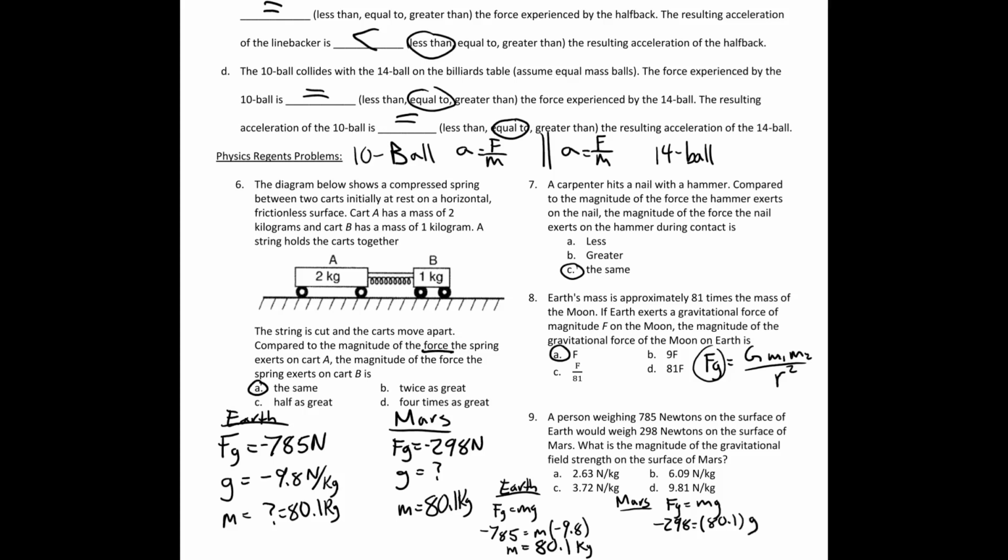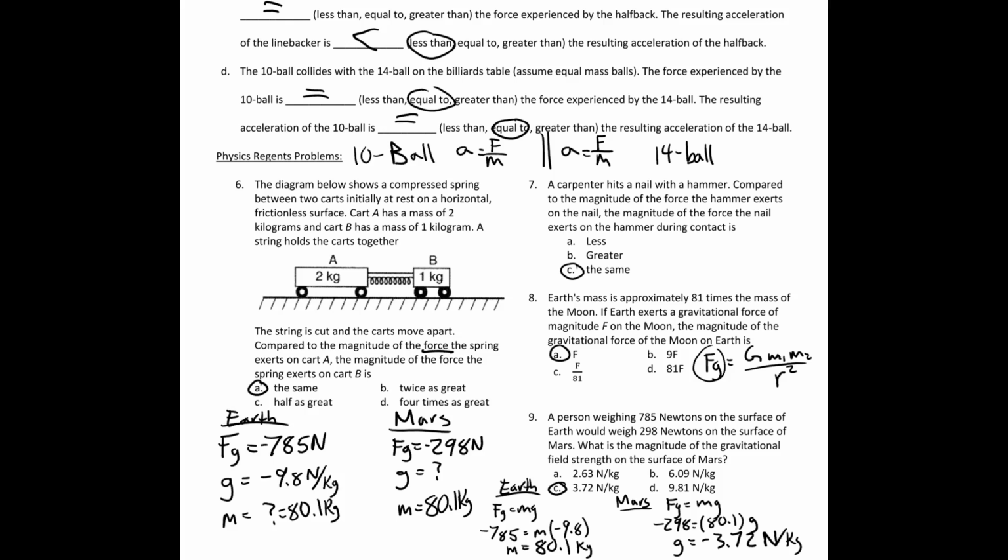And we're looking for g, little g, the gravitational field strength on Mars, which is about 3.72 newtons per kilogram, which is choice C. All right, so that was more math than the other one. The other way you could do this is just set up a proportion, but I like doing the math way. Math is fun.